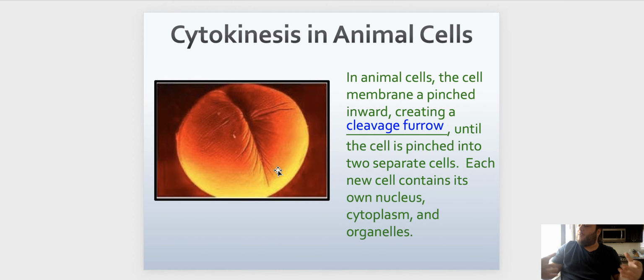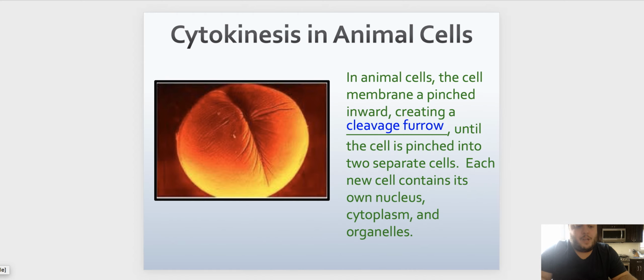And that cleavage furrow keeps moving inward, the pinch keeps occurring until two separate cells are created. And again, each cell will contain its own nucleus, its own cytoplasm, and its own organelles. They are exact copies of one another that have now been split, right? So that's cytokinesis in animal cells. We're going to talk about plant cells in a second.